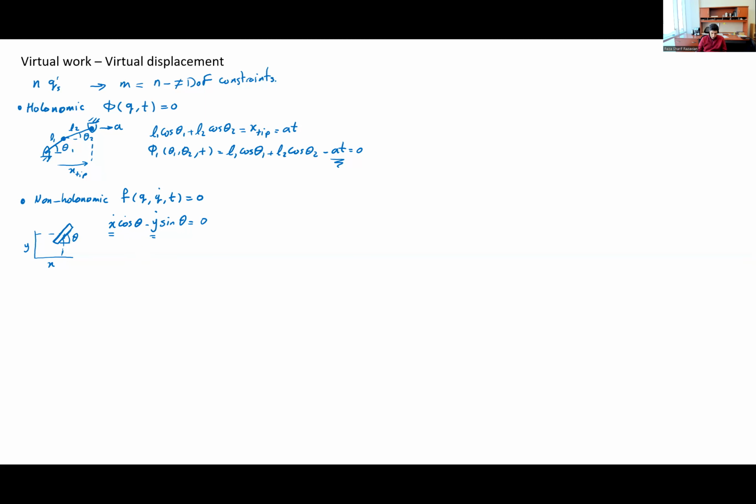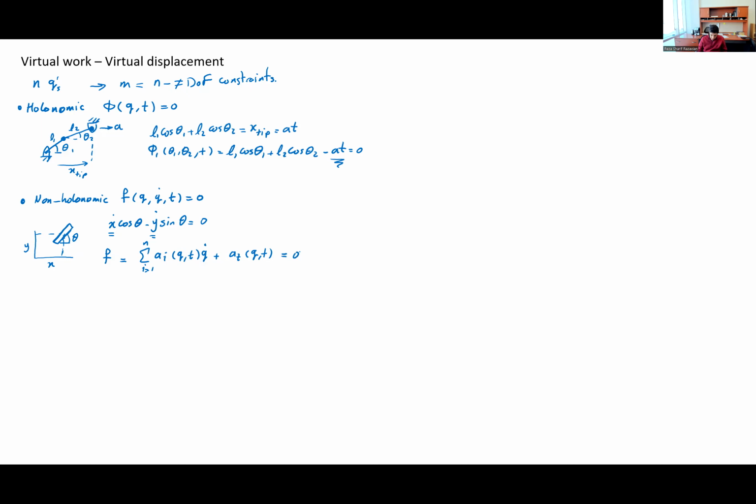I have x dot multiplied by some function of my generalized coordinates plus y dot multiplied by another function. For all the non-holonomic constraints that I'm aware of, you can write these as some linear functions a_i of q and t times q dot, with i from 1 to n, plus some a_t of q and t equals 0.